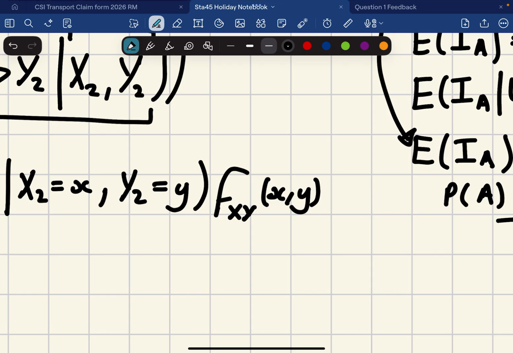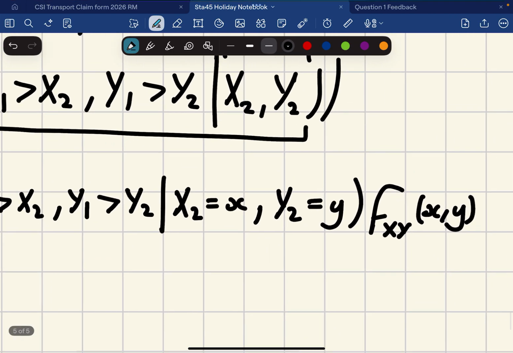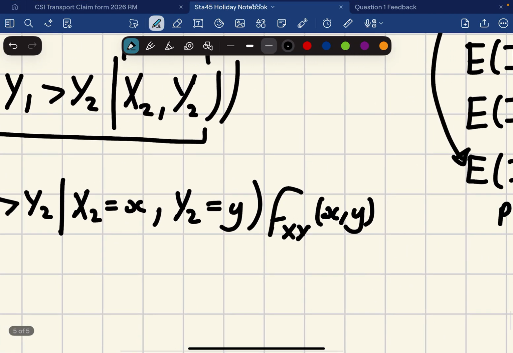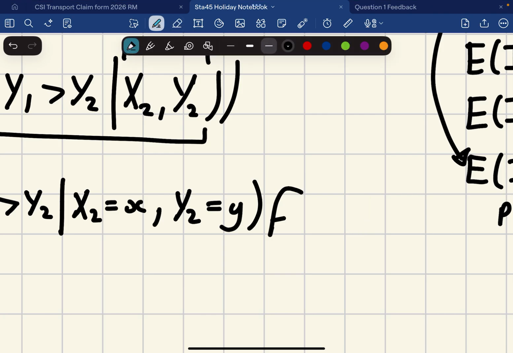And be careful here because we're dealing with x2 and y2, but it's not important in the case of x1 and x2 having the same distribution. But let's assume that they don't have the same distribution, so I'm going to classify them and say that it's x2 and y2, xy dx dy, right?